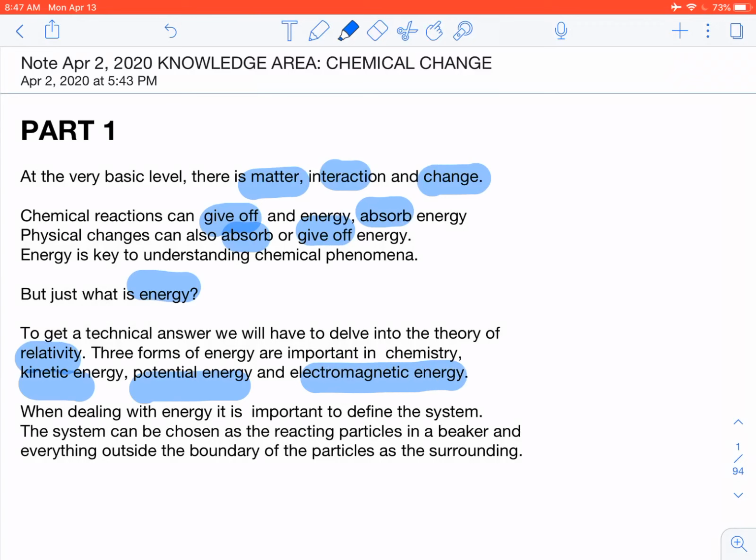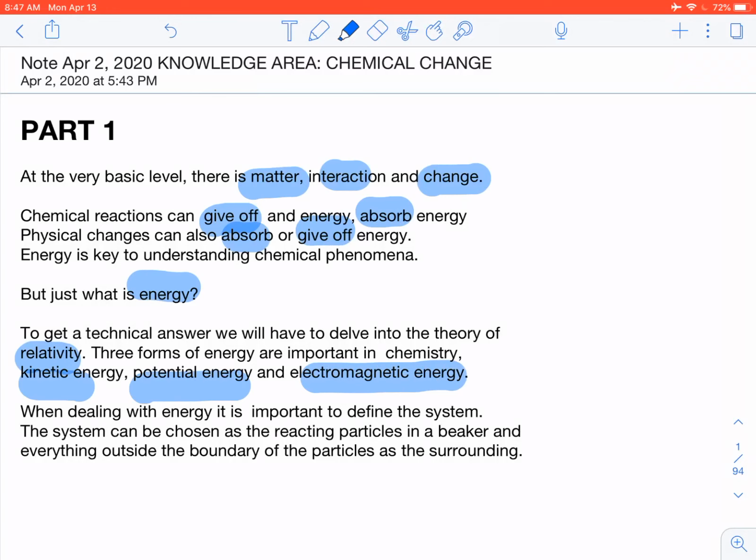Kinetic energy we know is equal to half mv squared, and potential energy or gravitational potential energy is equal to mgh. Kinetic energy, which is equal to half mv squared, that equation is fine. It applies approximately in a classical sense, but we cannot use that equation once the particle is moving at the speed of light. But that's beyond the scope of the course.